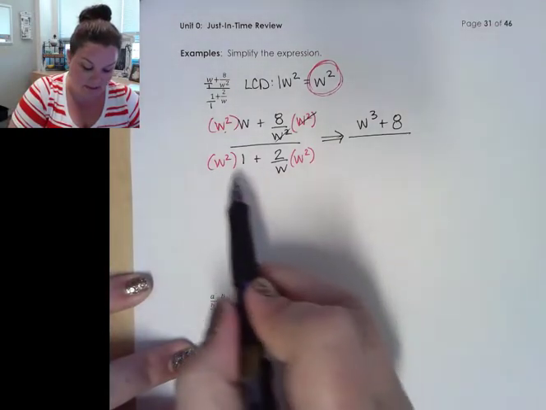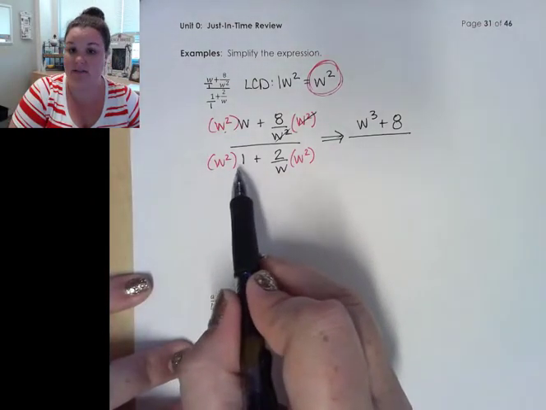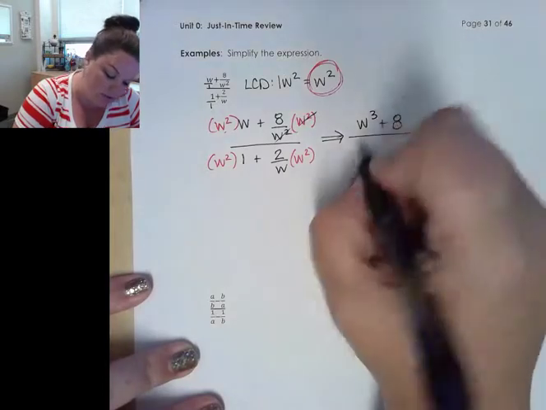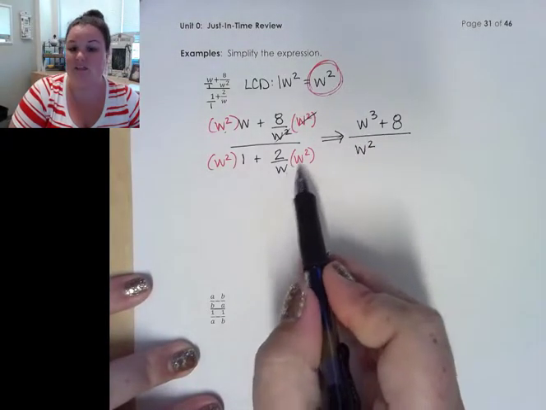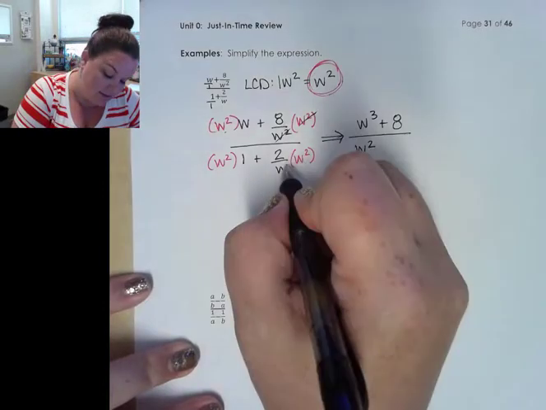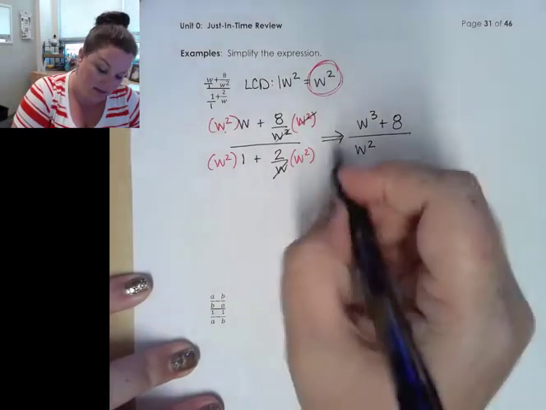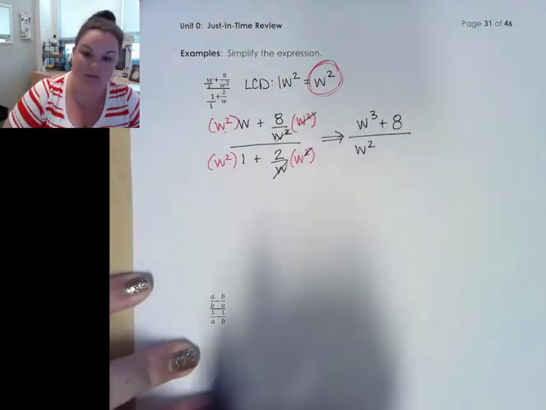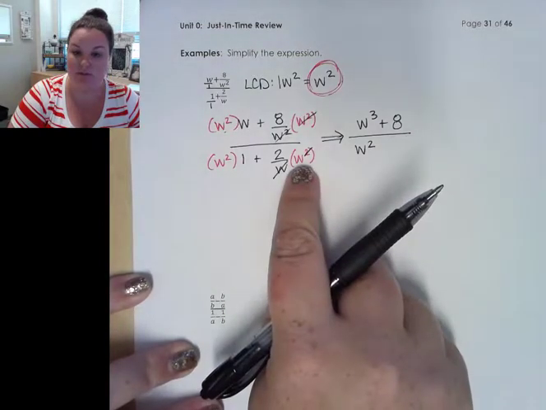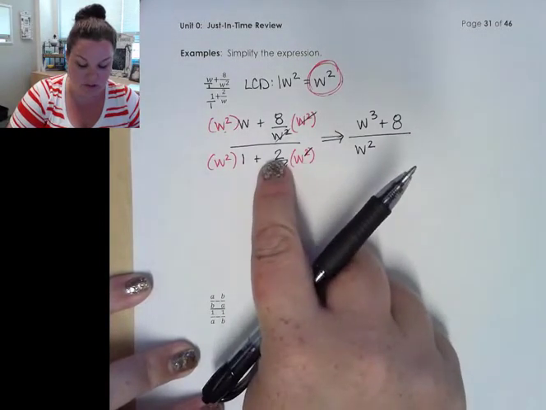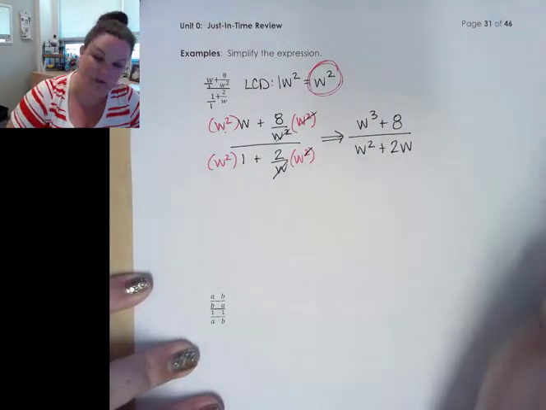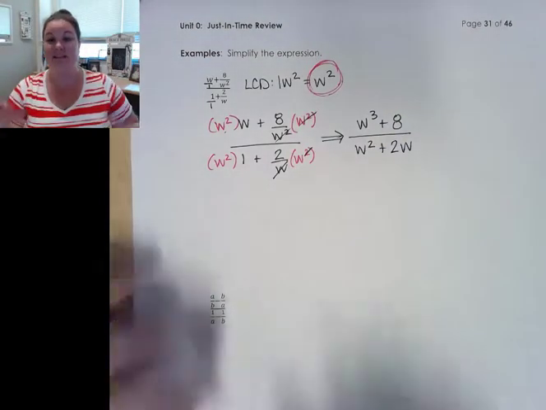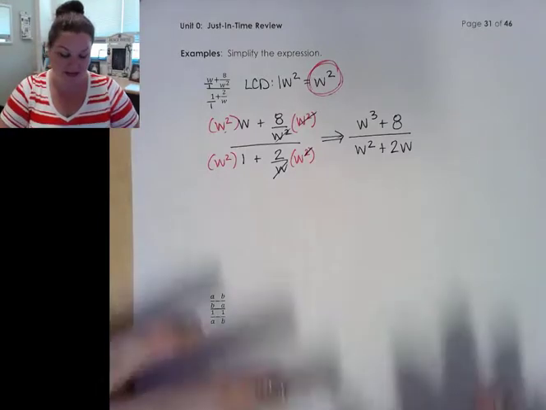And on bottom here, I don't have anything to cancel, just w squared times 1, which is w squared. And on the second one, I can cancel one w. So the w from the bottom is gone, and I'm just going to take one of the w's off here, which leaves me with a w to the first power. So I'm left with a 2 and a w, so plus 2w. Okay? So that's much better than what I started with, right?